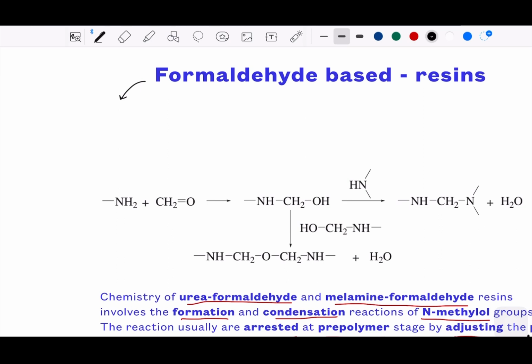So we are going to have formaldehyde, and let's say we have a phenol. The basis is these two: the formaldehyde and this phenol here.